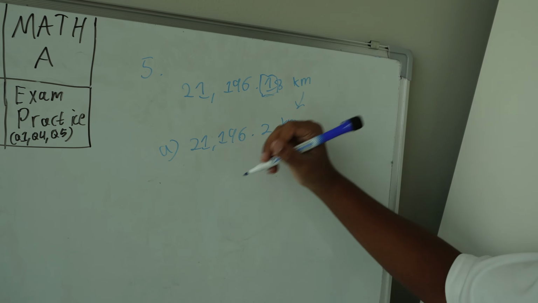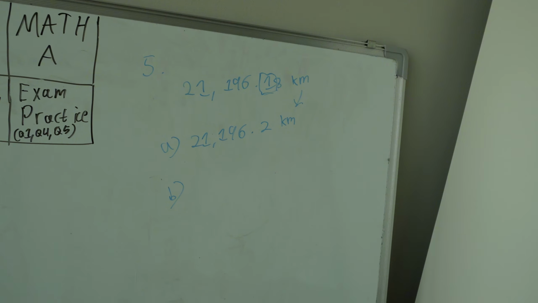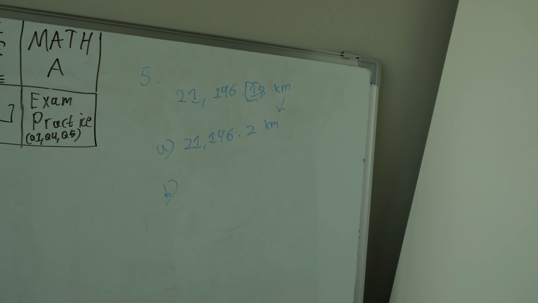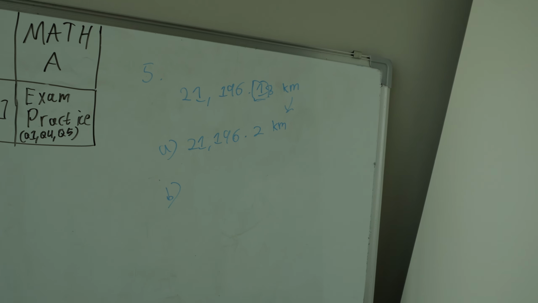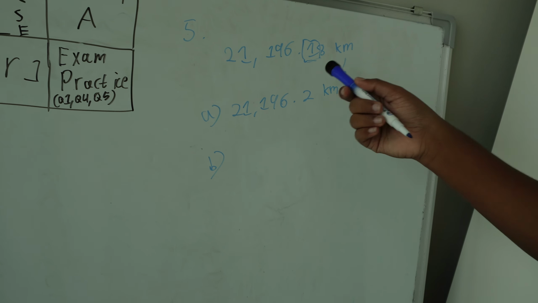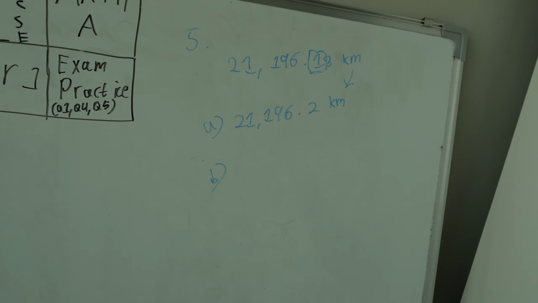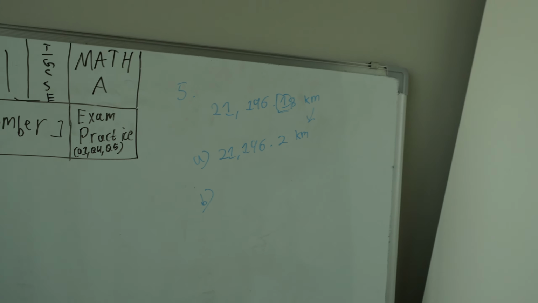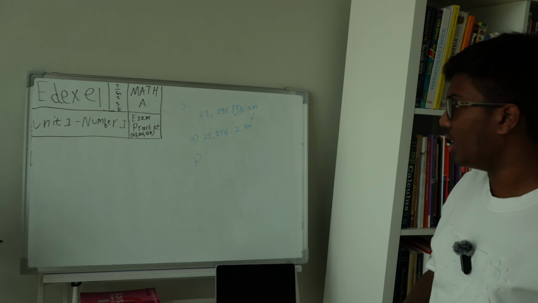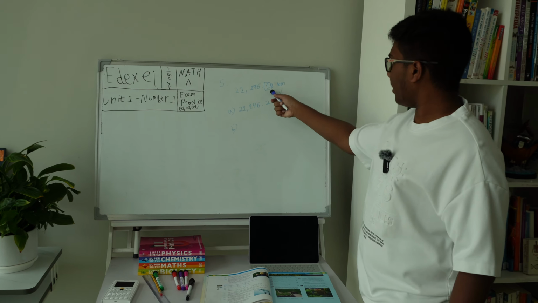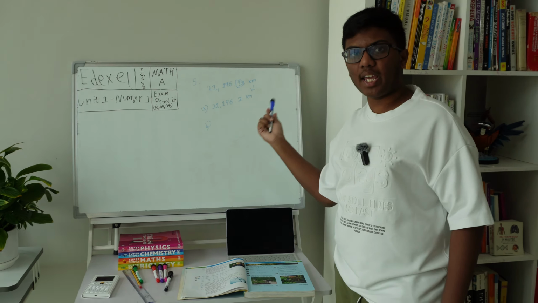And we also have to carry over the unit. So kilometers. Now 5b. 5b is correct to 1 significant figure. 21,196.18 kilometers has a different significant figure count. So in this case, the decimal place count would be 2, 1, 8.